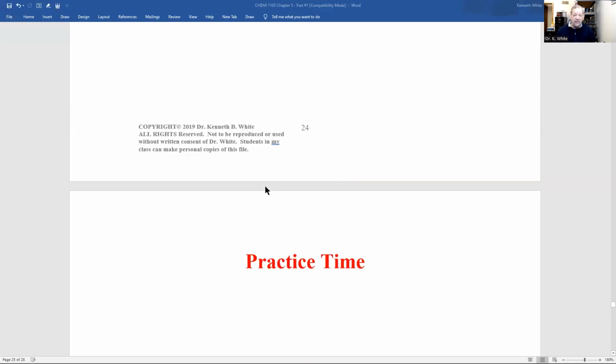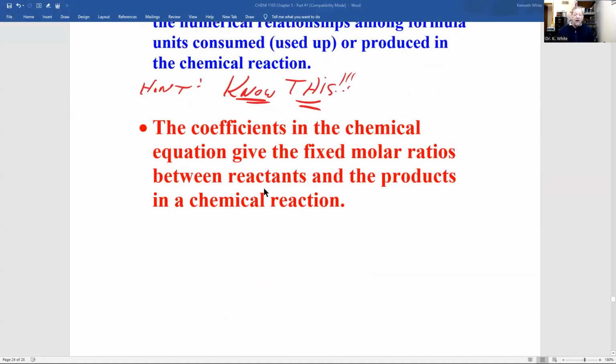Let's get started. Hi. For the break, I was talking about one of the most important concepts that I know in chemistry, and that's the coefficients, the numbers in front of a formula in a chemical equation, give fixed molar ratios between reactants and products in a chemical reaction.